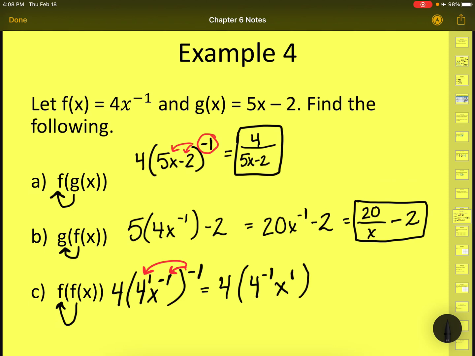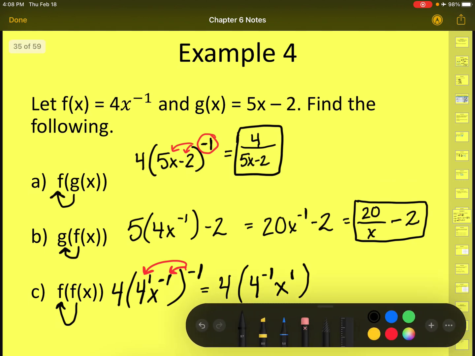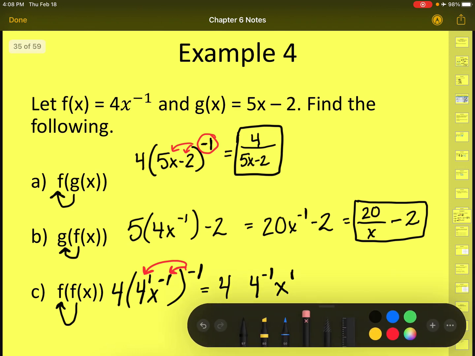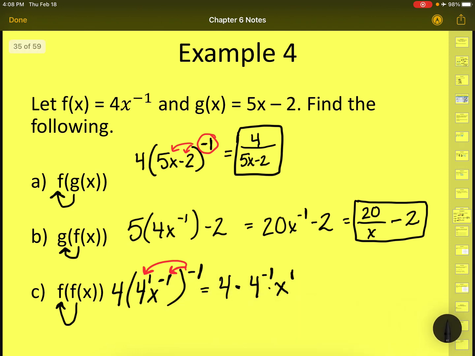Then, if we got rid of these parentheses for a second and instead filled them in with dots, like we're used to seeing, on this first 4, I have an exponent of 1. We just can't see it. And we're multiplying by another base of 4 raised to the negative 1. This is like saying x to the 1 times x to the negative 1.